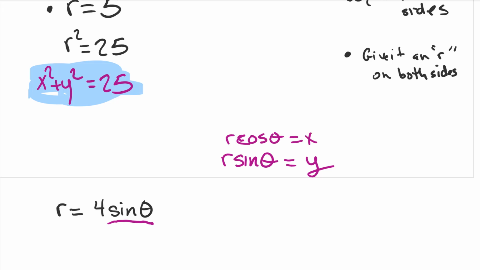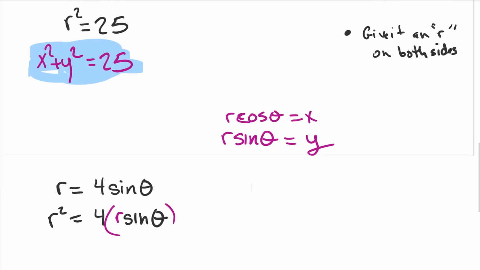So the game is we're trying to make pictures that we can convert. It's like a puzzle. So let's give it an r on both sides. That becomes r squared, and then 4 times, and we want to put the r right next to the sine of theta, so then we can see it.